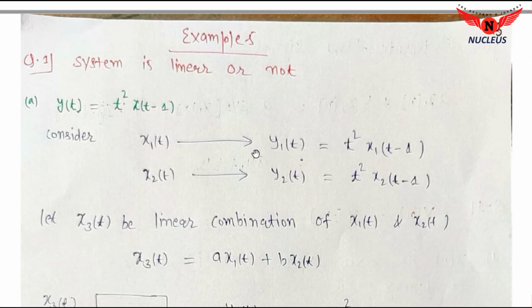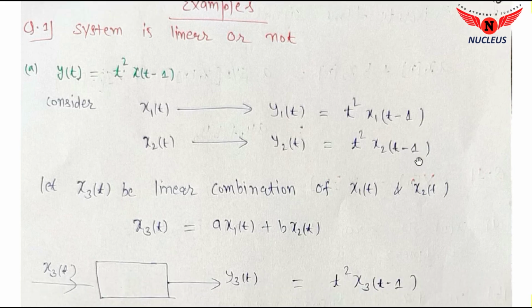Next example, we have to check the linearity of the system. The first example is given: y(t) equal to t square into x(t-1). So our first input, let's consider x1(t) is the input and y1(t) is our output. The system is t square x1(t-1), and y2 is our second output when the input is x2, so t square x2(t-1).